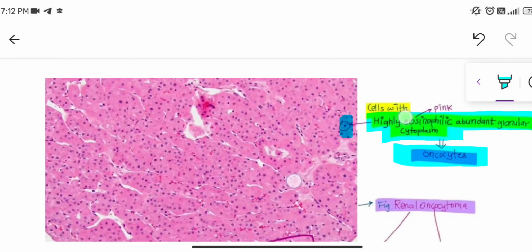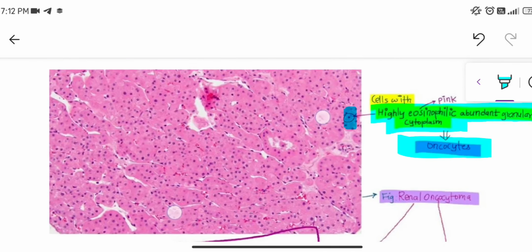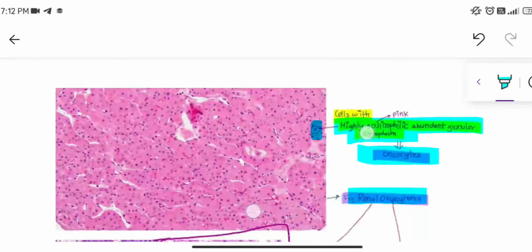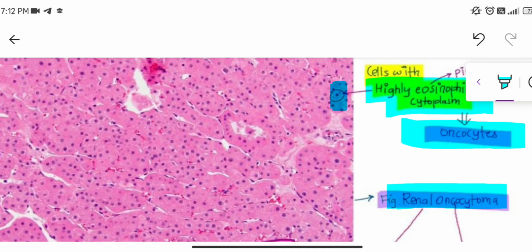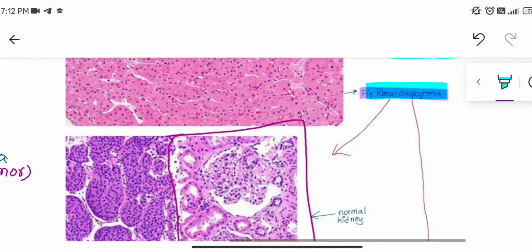This is the figure of the kidney, and it's not a normal kidney, it is a kidney having a benign tumor, renal oncocytoma. You can see the abundant eosinophilic, meaning pink colored, cytoplasm. These cells with abundant pink cytoplasm are known as oncocytes.